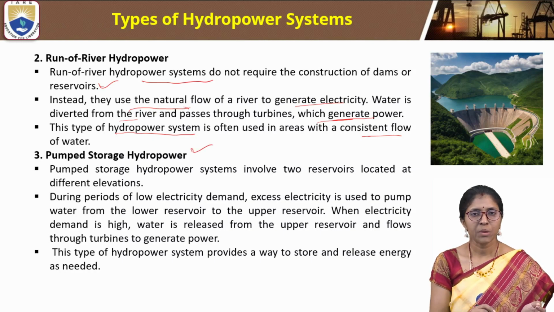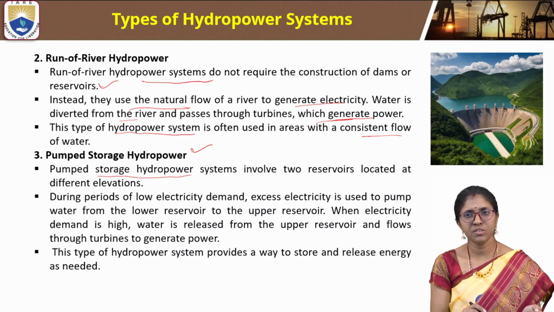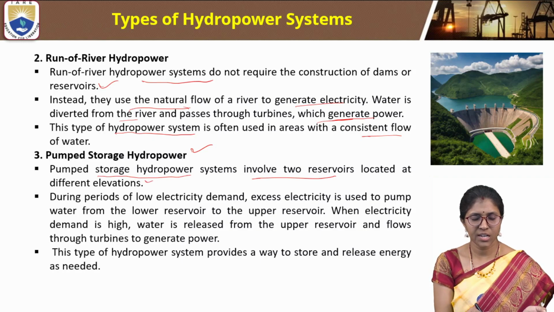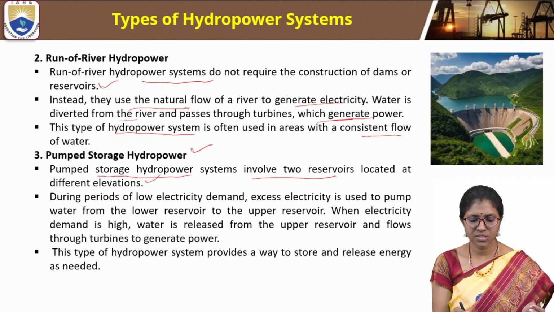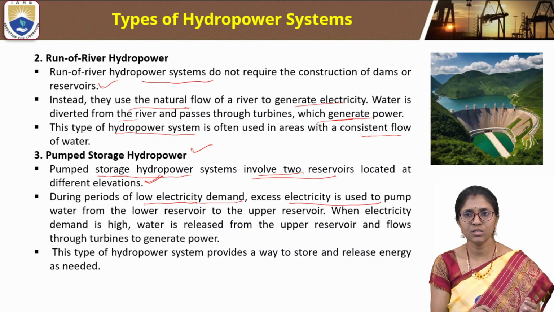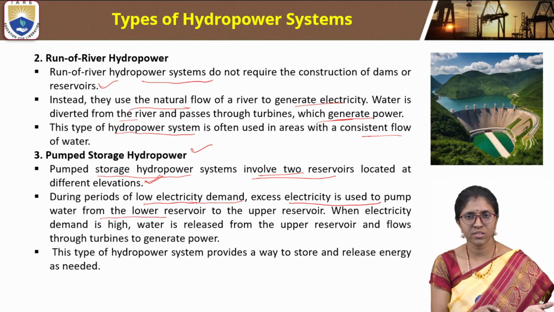Third system is the pumped storage hydropower system. Pumped storage hydropower systems involve two reservoirs located at different elevations. During periods of low electricity demand, excess electricity is used to pump water from the lower reservoir to the upper reservoir.